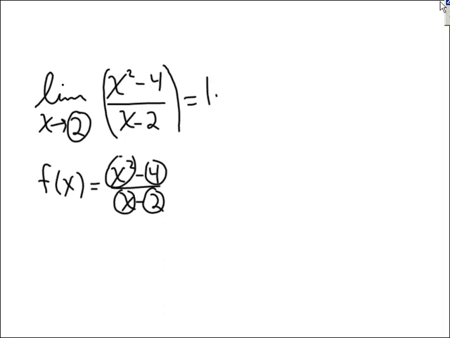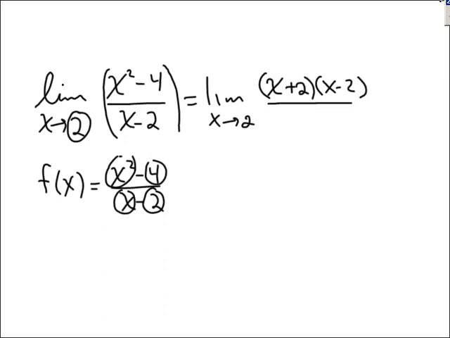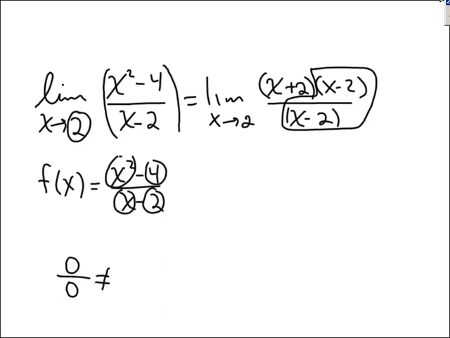For example, the numerator, if you were to factor it, is x plus 2 times x minus 2, and the bottom is x minus 2. Well, when you divide the same numbers, you don't always get 1. 0 over 0 is not 1.